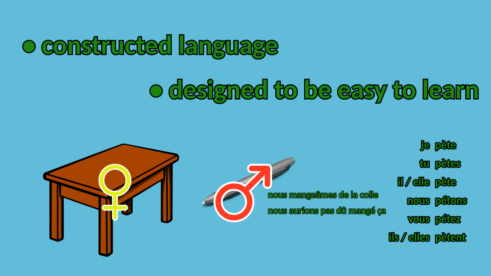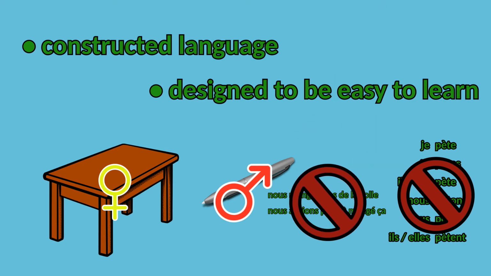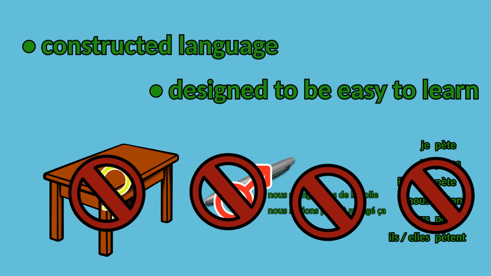Well, there's none of that in Esperanto. There's no conjugations, there's no grammar, there's no pens and no tables, so everything's much simpler.